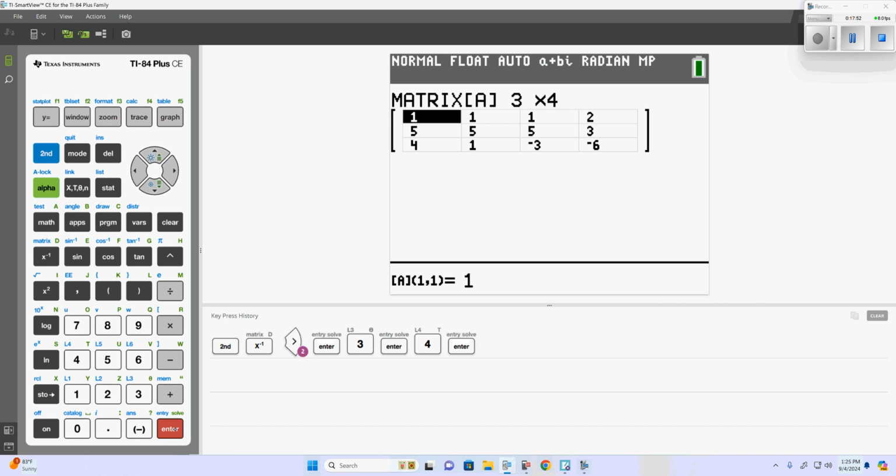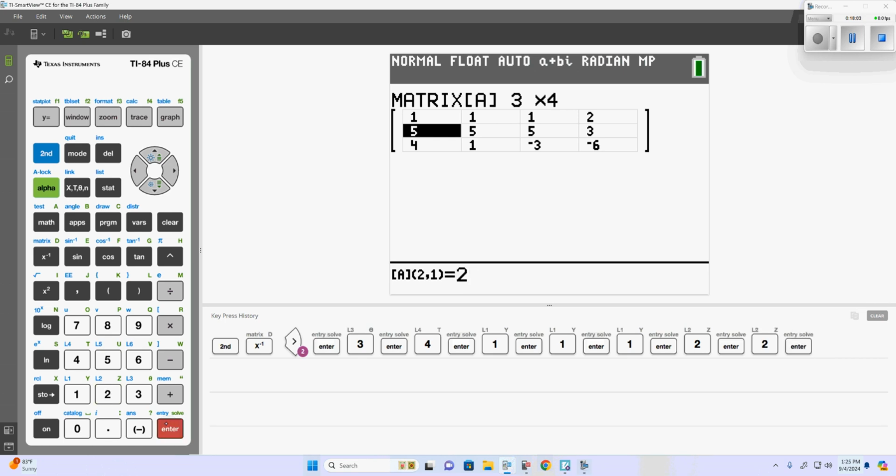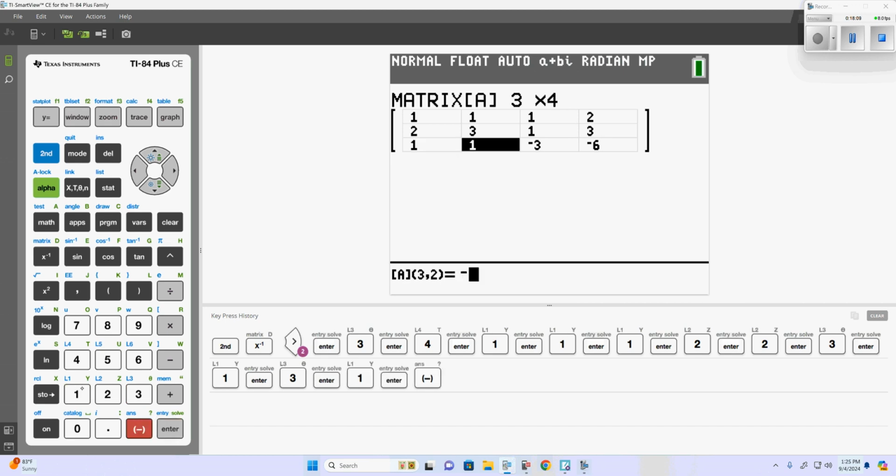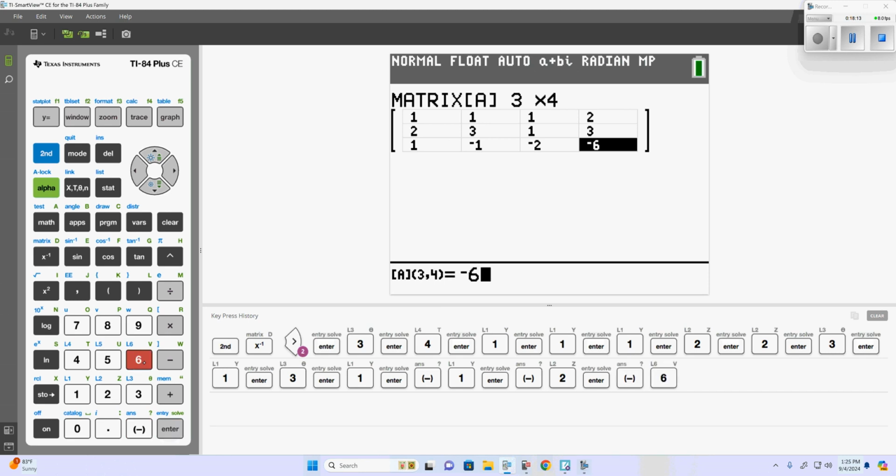So our first line of this is 1, 1, 1, 2. We're just going to type in our augmented matrix. Our next one is 2, 3, 1, 3. And we have 1, negative 1, negative 2, negative 6.